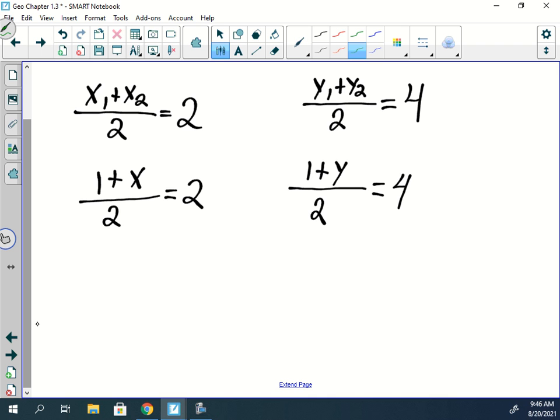Y'all want to solve for x first or y first? We can do x. It really doesn't matter. We're going to have to solve for both. So what would we do first? Multiply both sides by 2.